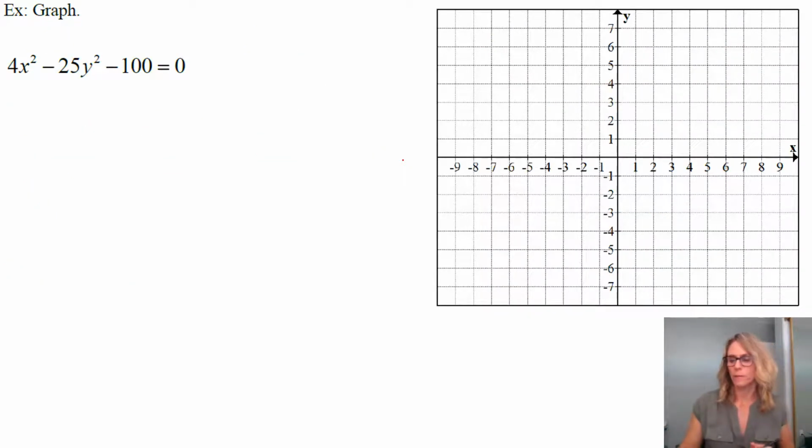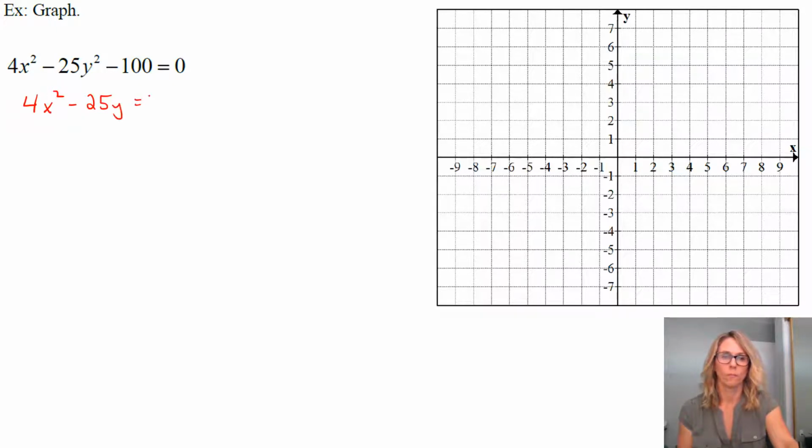Okay. All right, so we have another example. So the first step on this one would be to write it in that form where it's equal to 1. So if you want, you can take a minute, you can pause, and then you can see if you can write this in that form that you see in the text box on the first page. Okay.